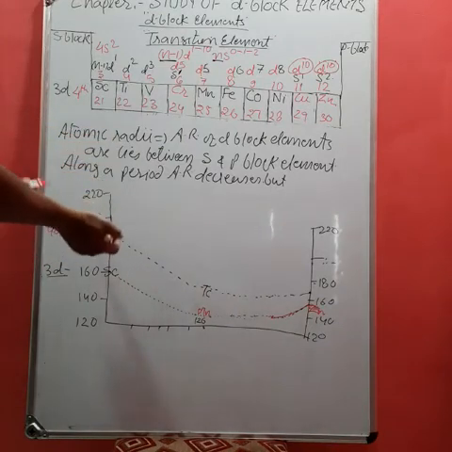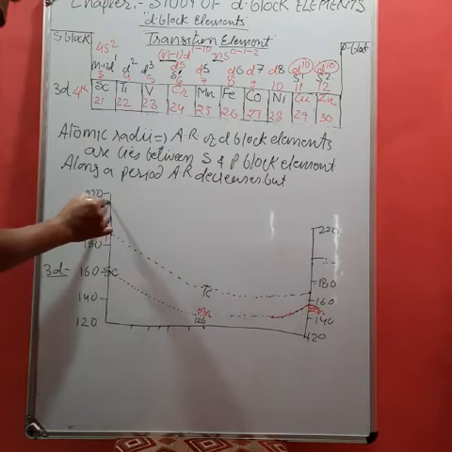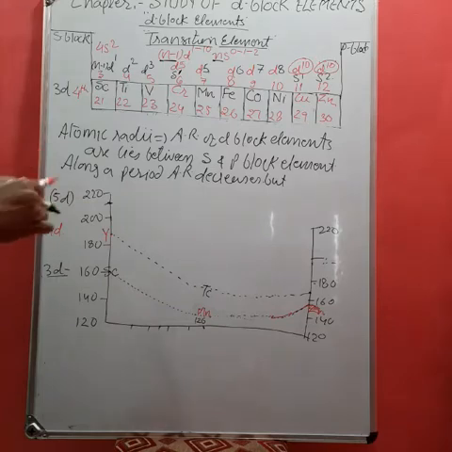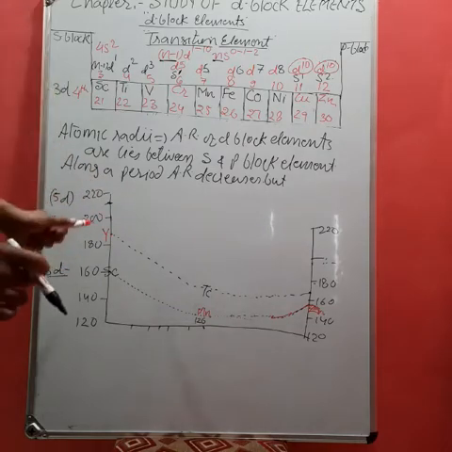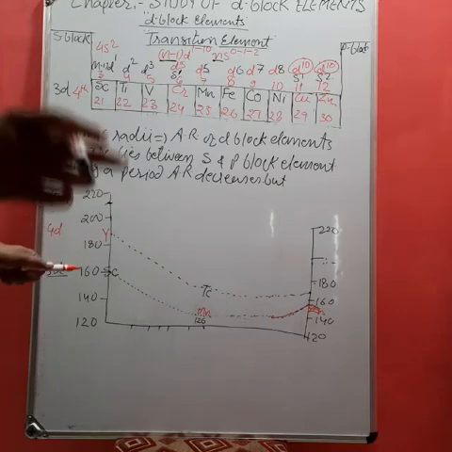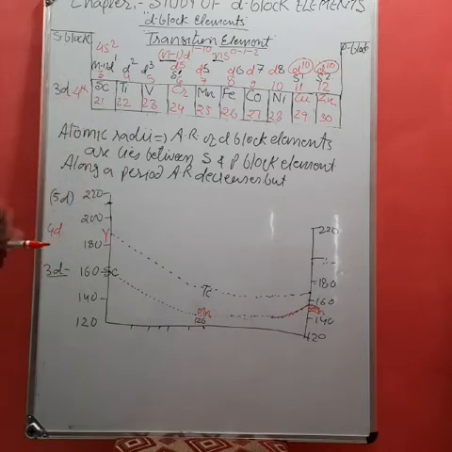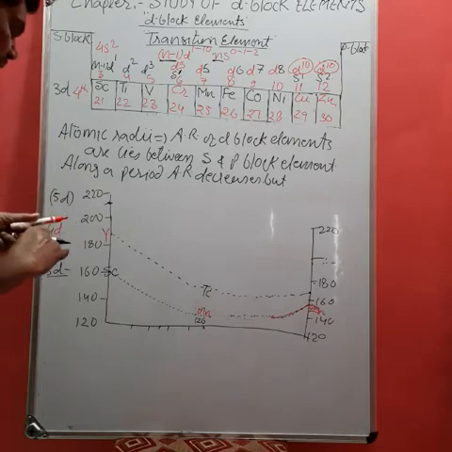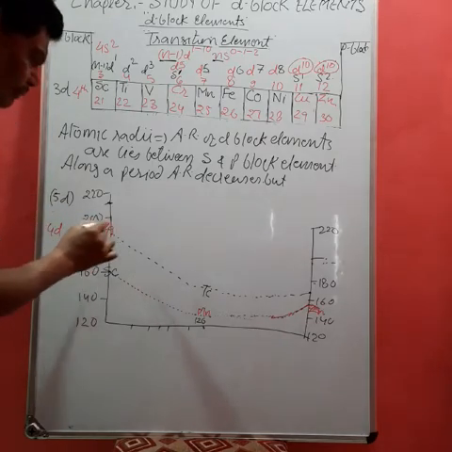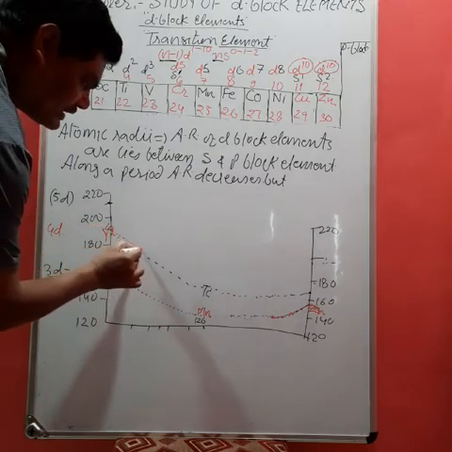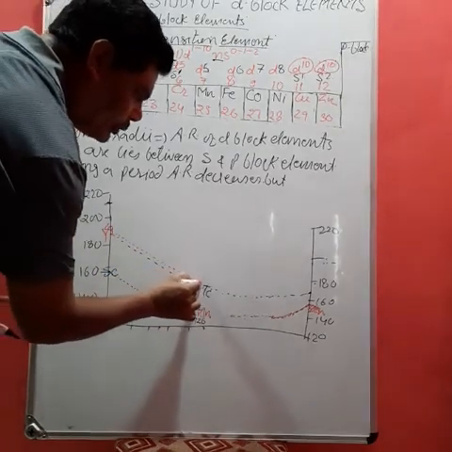But now for the 5D series, the size should be here, due to introduction of one shell. But remember, lanthanum is there, that is, the lanthanides are introduced. That is, the 14 elements of lanthanides are introduced. Due to these, the lanthanide contraction takes place, and due to the lanthanide contraction, there is a sudden decrease in the atomic size, and therefore for the next element, its atomic size becomes almost the same as the atomic radii of the 4D series.